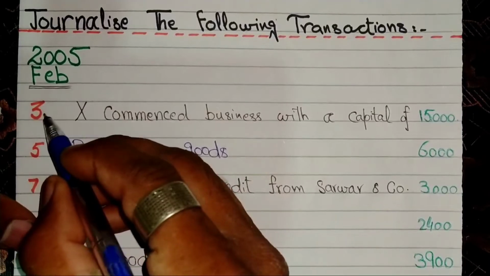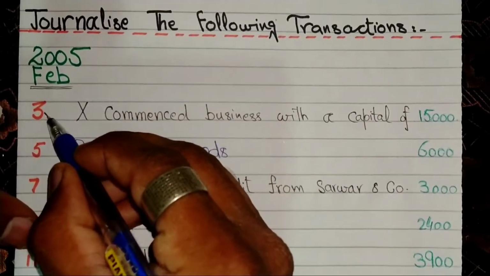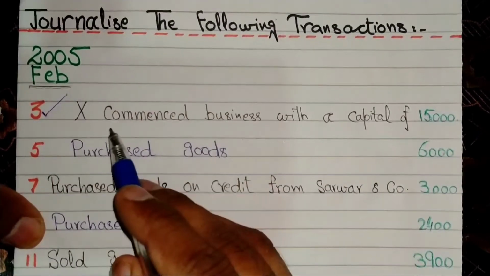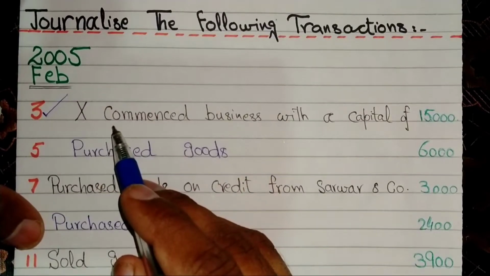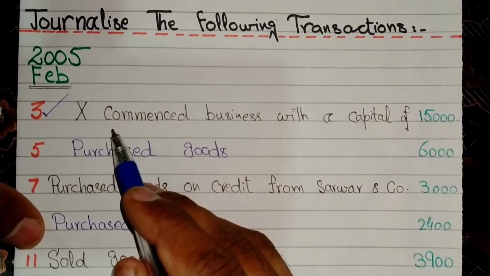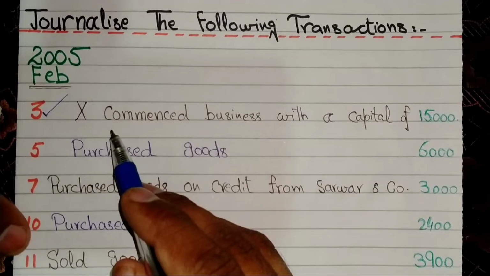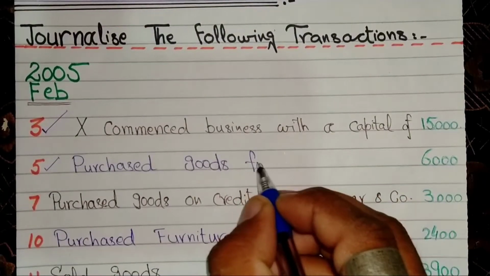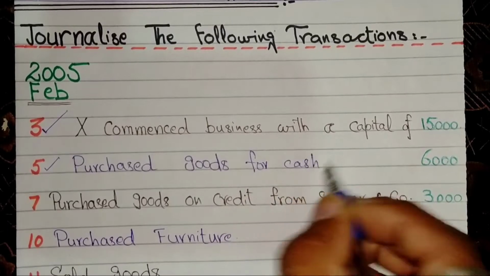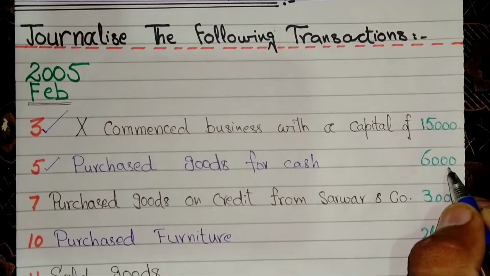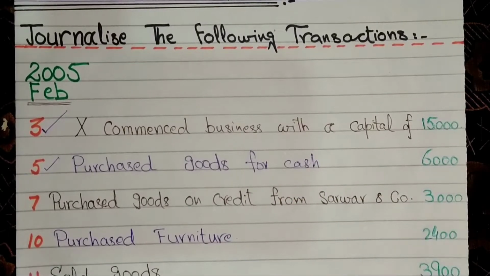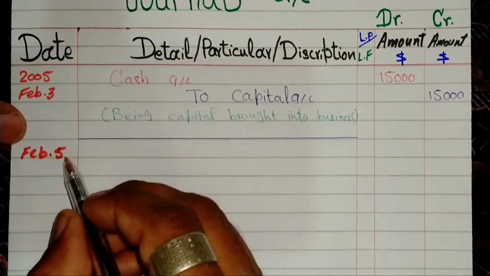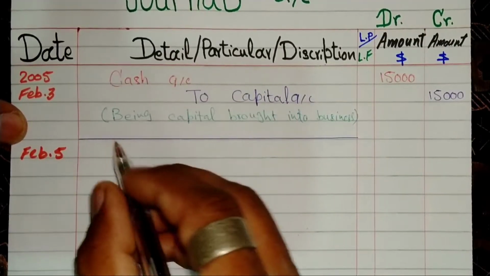After the entry number 1, which was the capital of the business, or may be called the investment into the business by the owner, the next entry is purchased goods for cash amounted $6,000. The entry will be on 5th Feb.